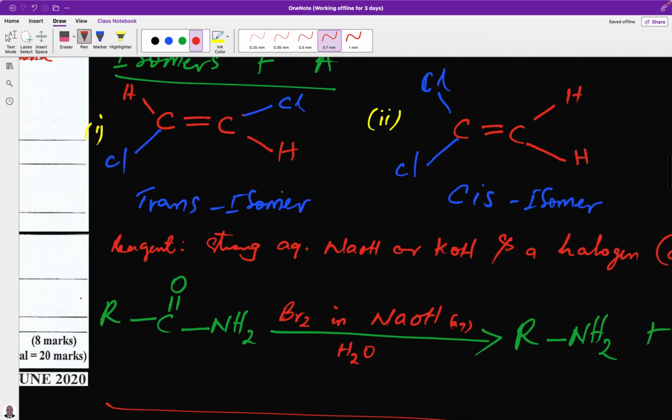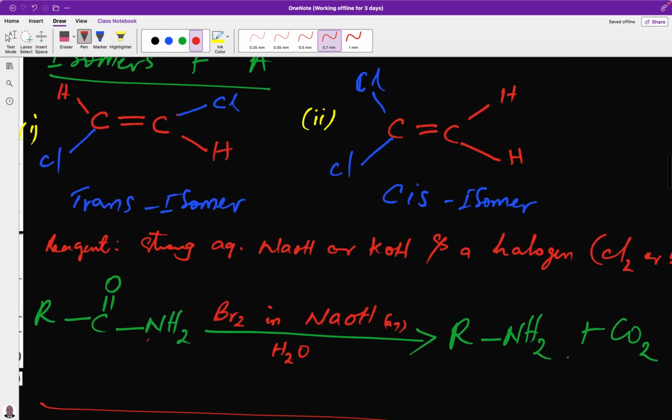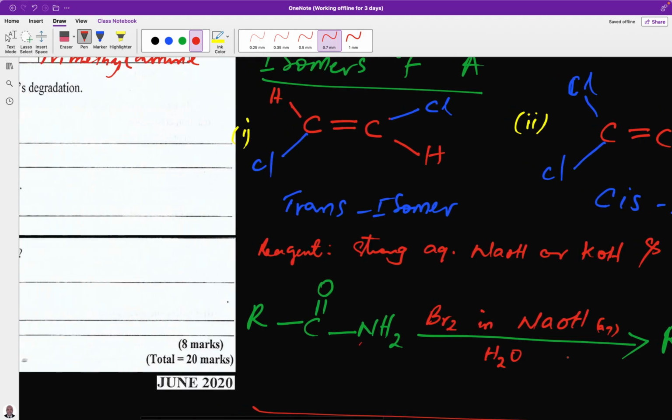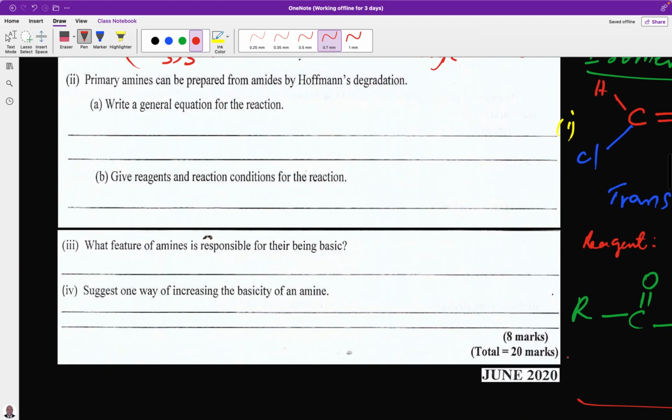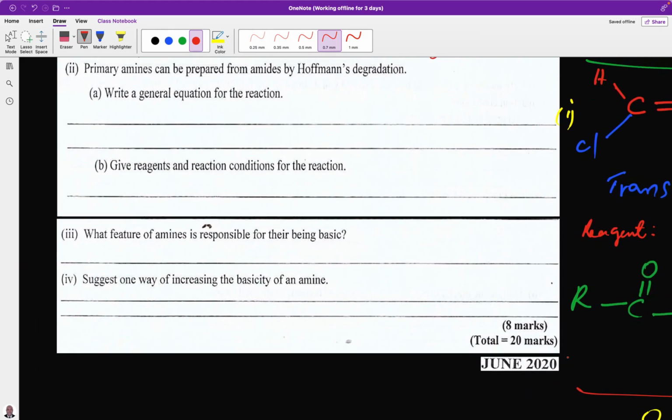So our answer is a strong aqueous sodium hydroxide or potassium hydroxide and a halogen. So you heat an amide with a halogen, which is bromine, in a strong potassium hydroxide. And this is the equation. You give that, you are fine. You can put it here like this.